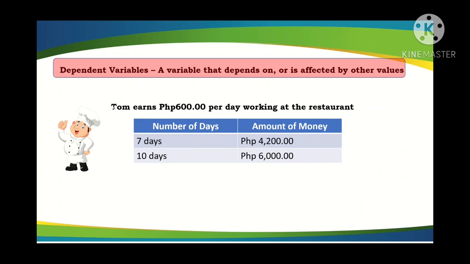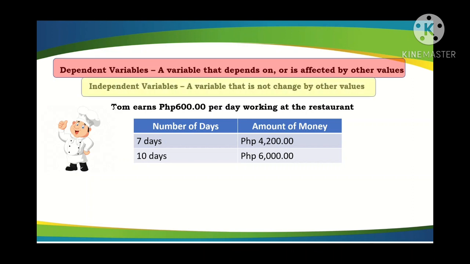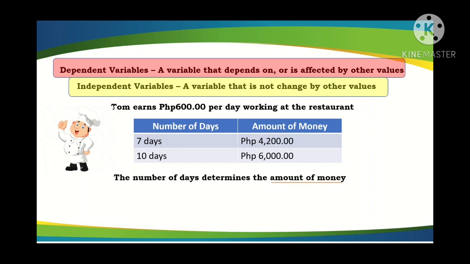A dependent variable depends on or is affected by the other values. And an independent variable is not changed by the other values. Thus, the number of days Tom works determines the amount of money. The amount of money Tom is paid depends on how many days he works. So the amount of money is the dependent variable and the number of days is the independent variable.